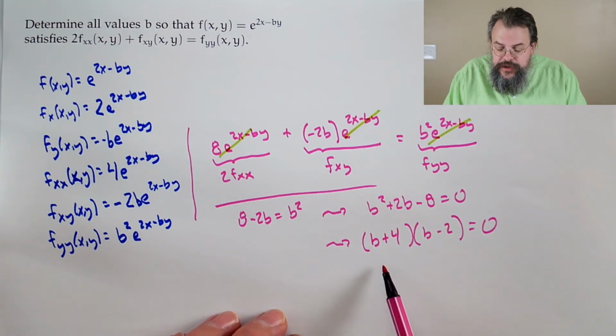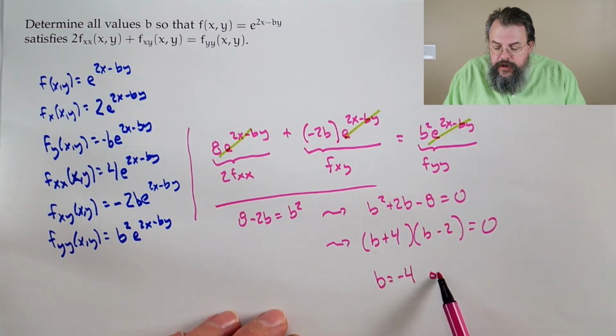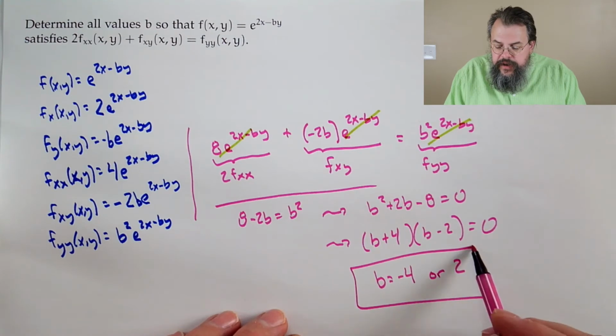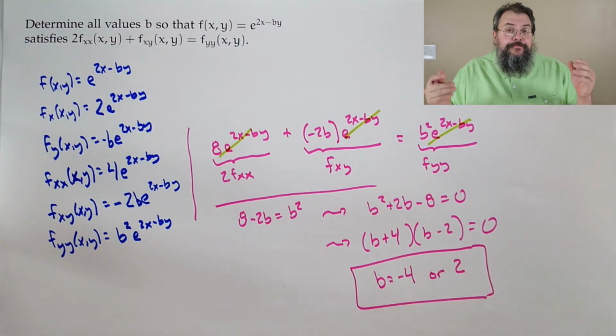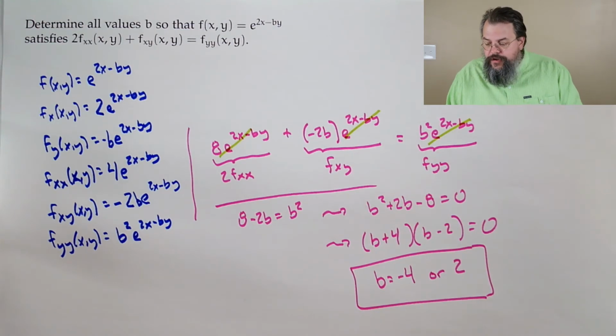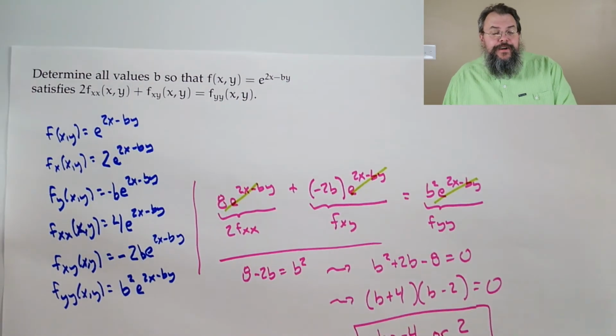So we come to the conclusion that b is negative 4 or b is positive 2. So it turns out there are two values that work. And those are the two values. Okay, cool, fun stuff. Well, let's try one more problem.